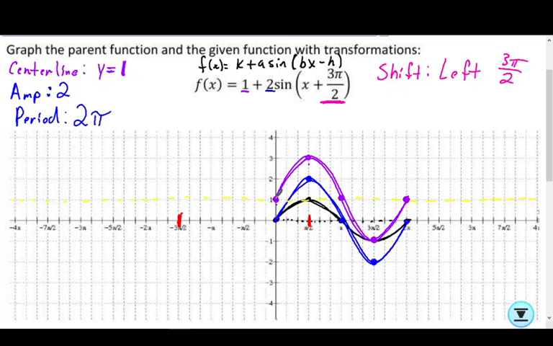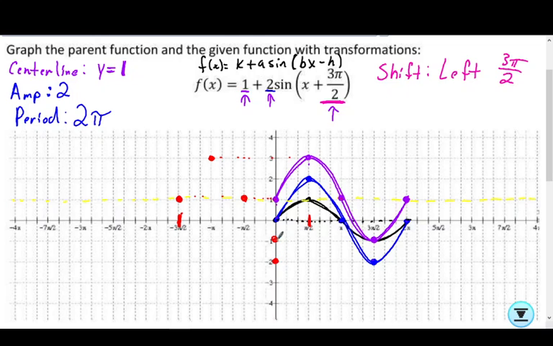So I've taken care of my amplitude and I've done my shift up. Now I need to do my shift to the left. Everything's going to move 3 pi over 2 to the left. So this is going to end up here, and then this one's going to end up right here.